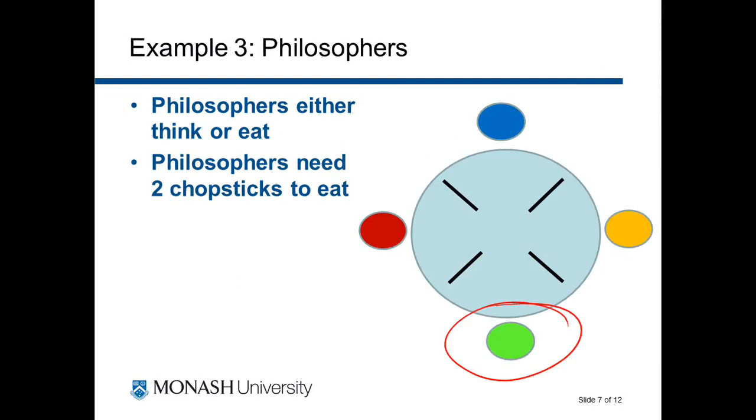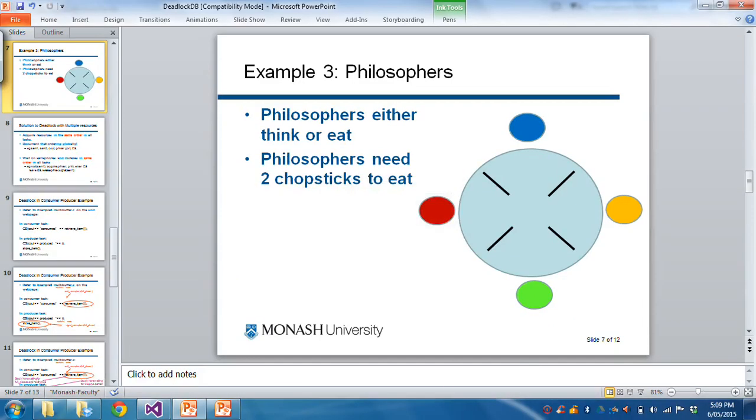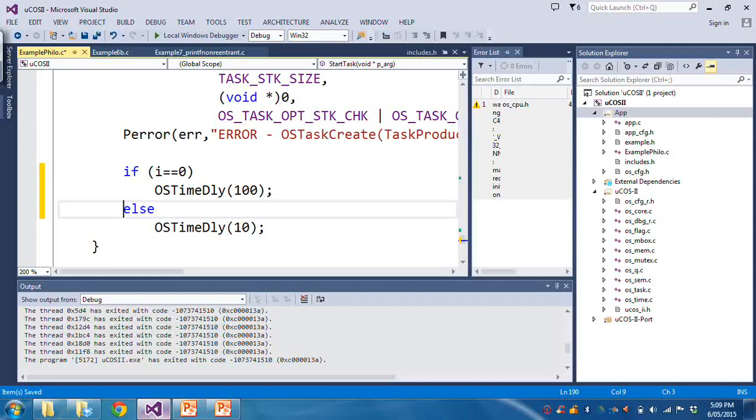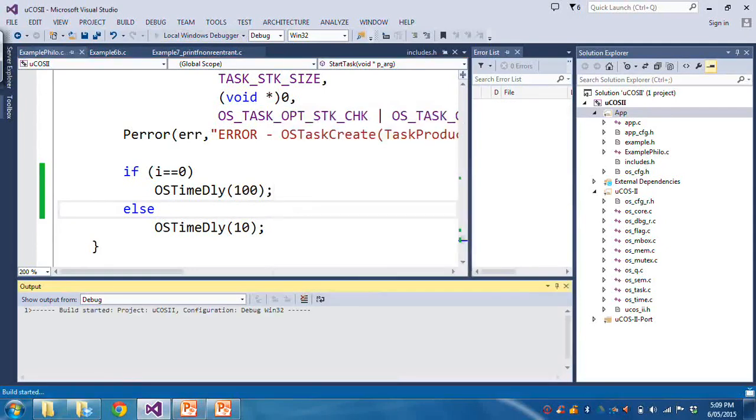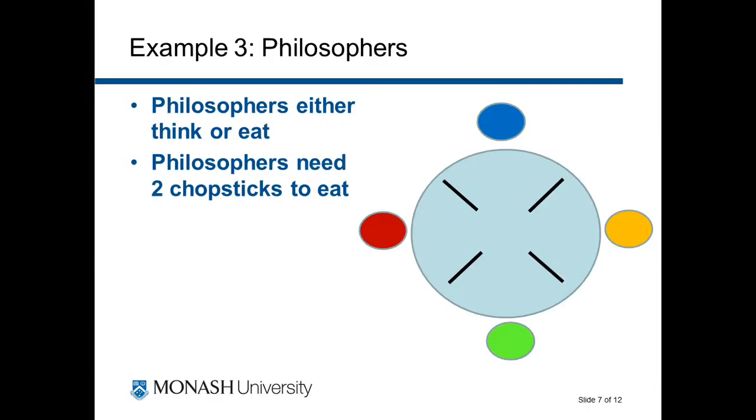Now, he is obviously green, so who's a famous green philosopher? Can anyone tell me? There's only one famous green philosopher. Yoda.